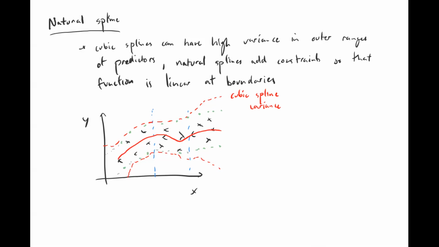So there is an improvement in the overall variance. And so natural splines these days, I think, are somewhat preferred to cubic splines.